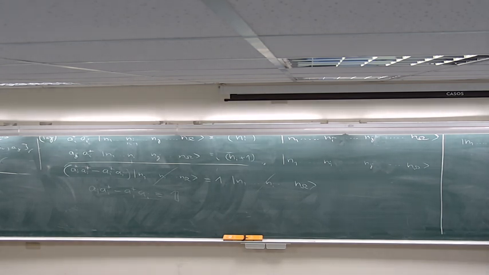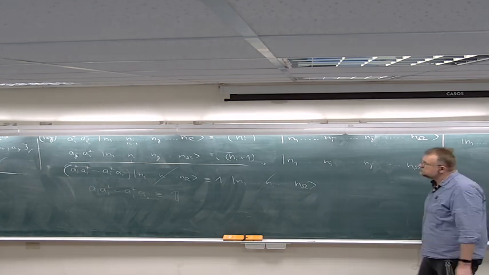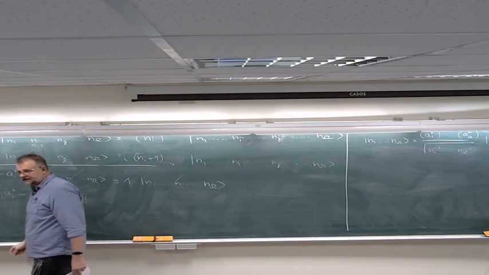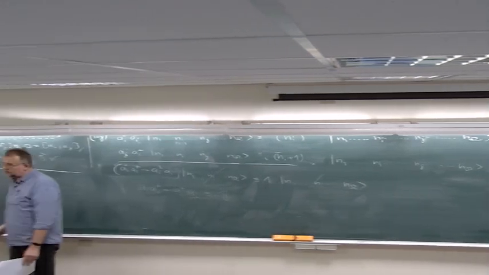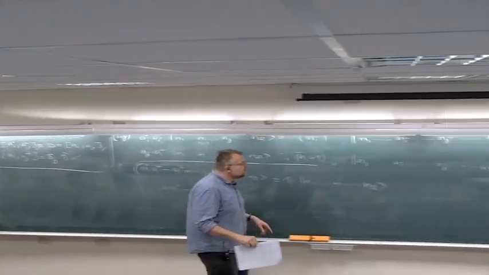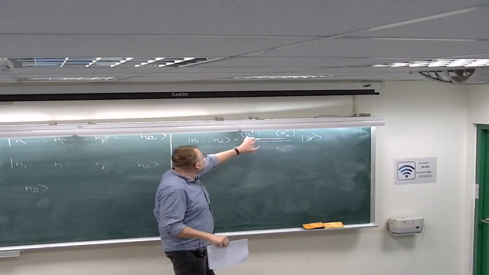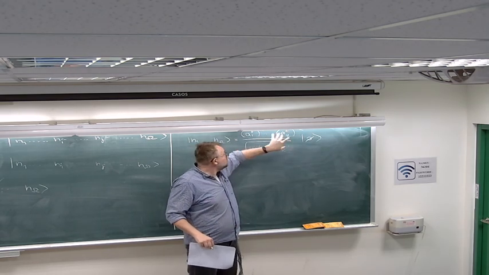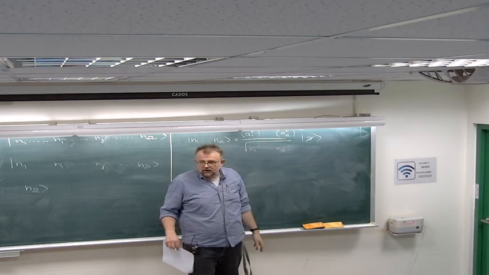Since these are the bosonic operators, I call them A, and fermionic I will call C, such that we distinguish. They satisfy the commutation rule, so I can write it arbitrarily as I want, because there are always just the daggers here. And the daggers commute, so I can write it as I want.